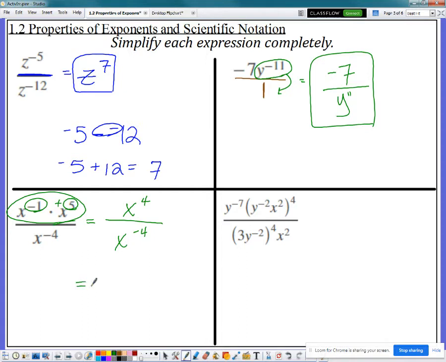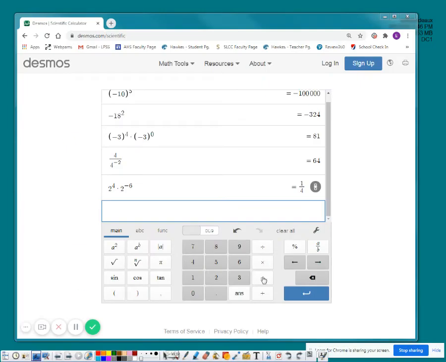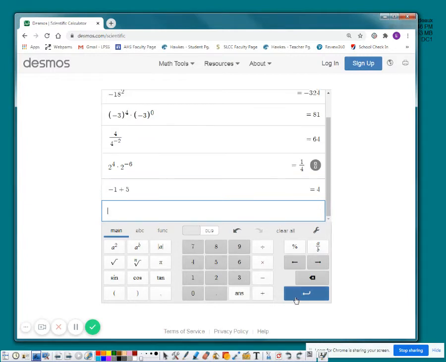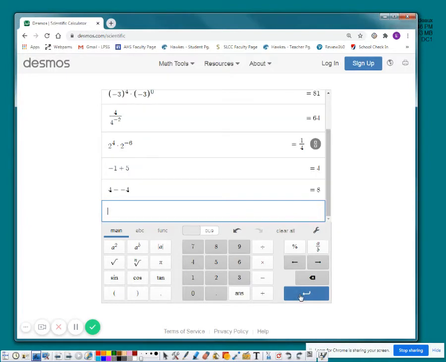So you have 4 minus negative 4, which gives you x to the 8th. And once again, if you don't believe me, just go to your calculator, type in negative 1 plus 5, and you should get 4. And then we had 4 minus negative 4, which gave us 8.